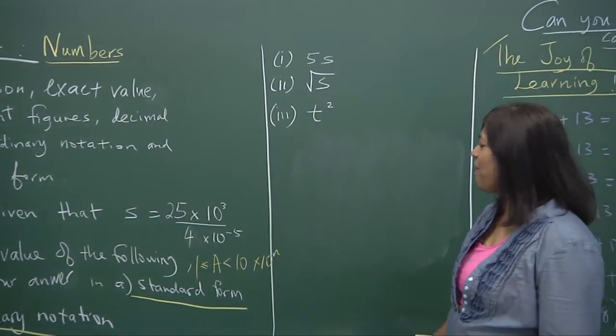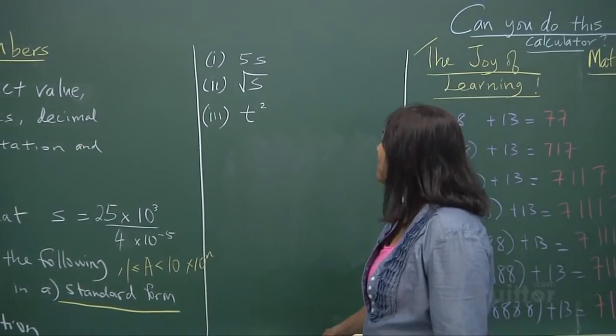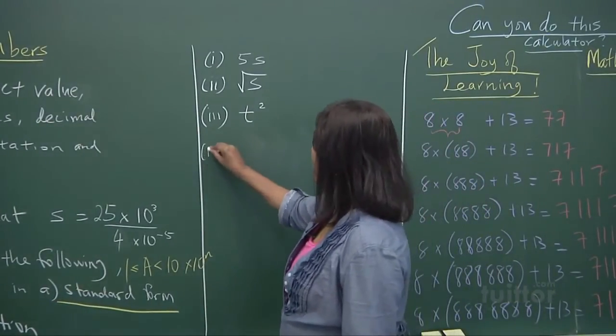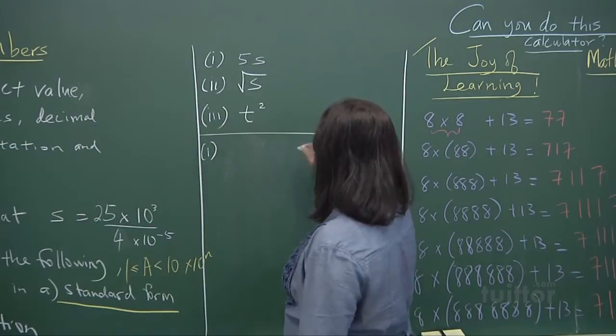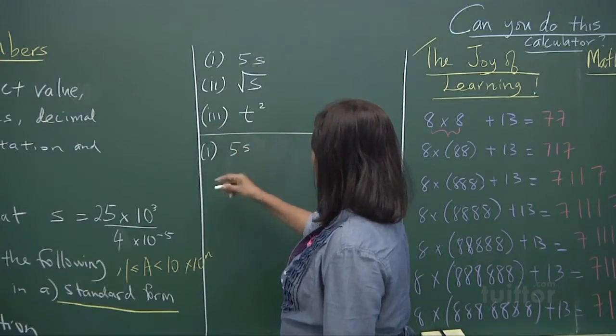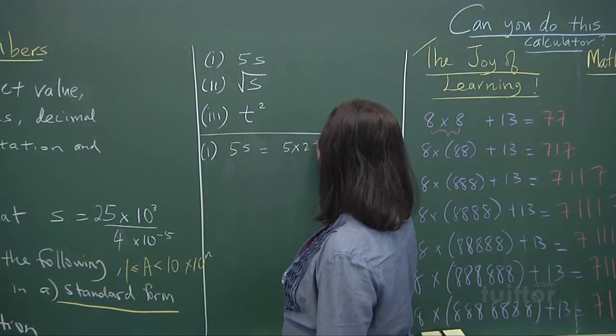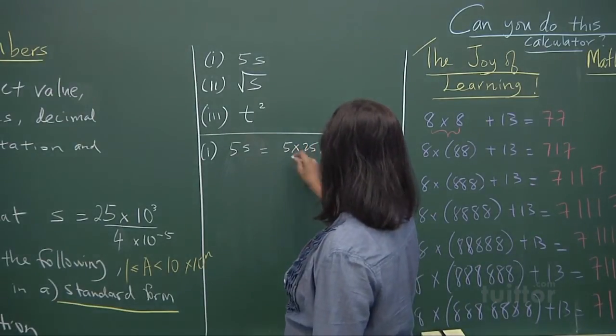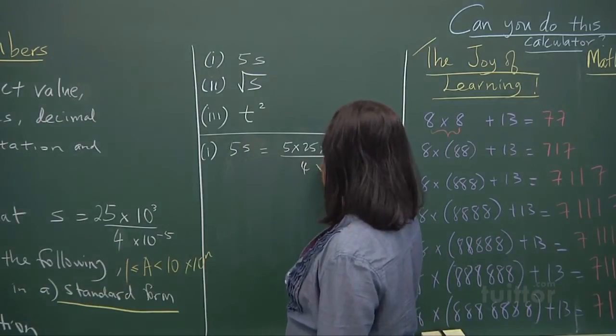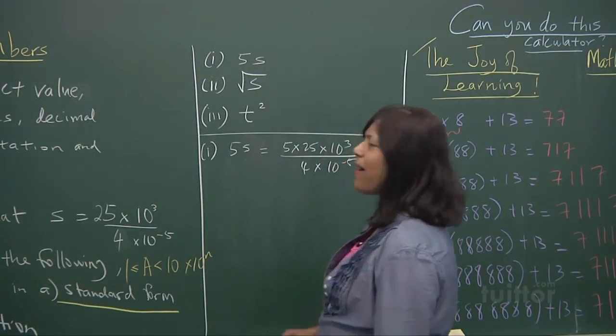Now they ask us 5s. What is 5s? Well, 5s will mean 5 times s. So they want it as 5 times 25 times 10 cubed, over 4 times 10 to the power minus 5.